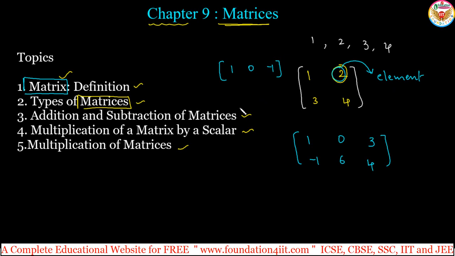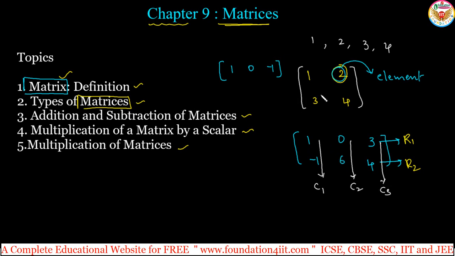In a matrix, the horizontal lines are called rows. So these two are rows, let's say R1 and R2, row 1 and row 2. And vertical lines are called columns. This is column 1, this is column 2 and column 3.